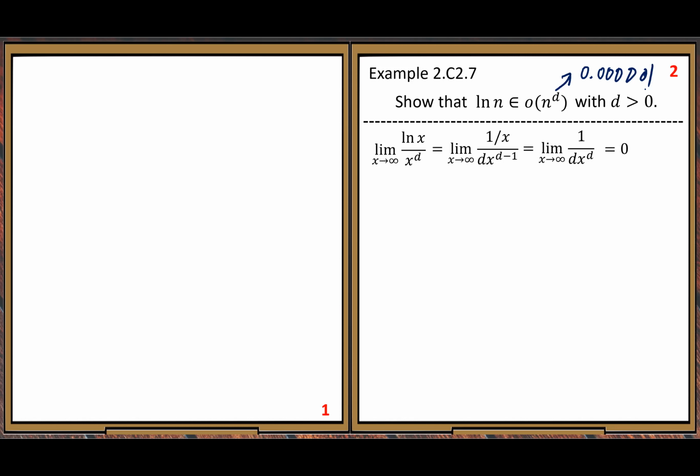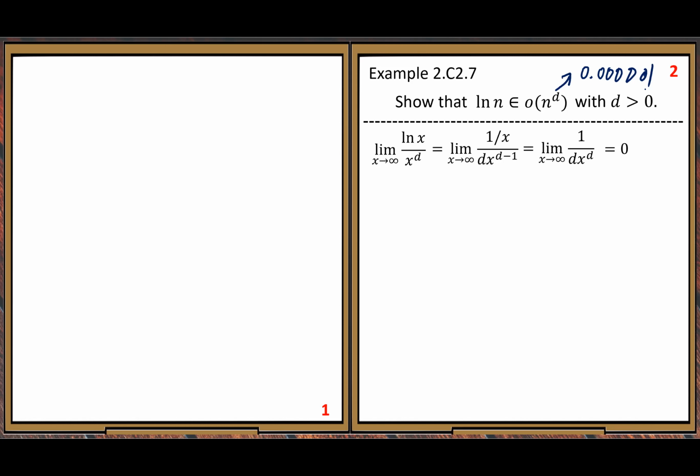So we have to change to a different version of Stirling's formula. Stirling's formula has another version we need to use. That is the inequality version, not the approximation version.